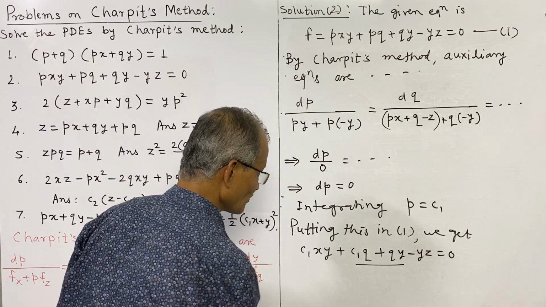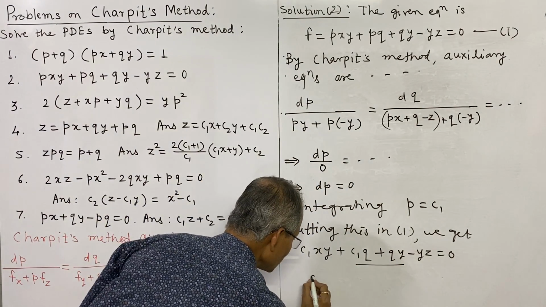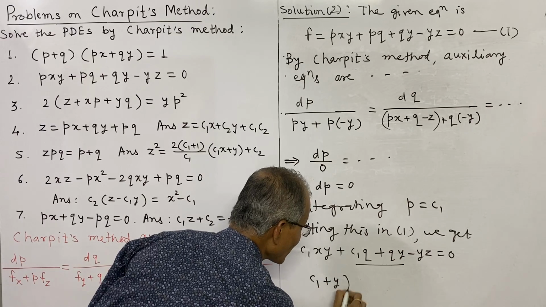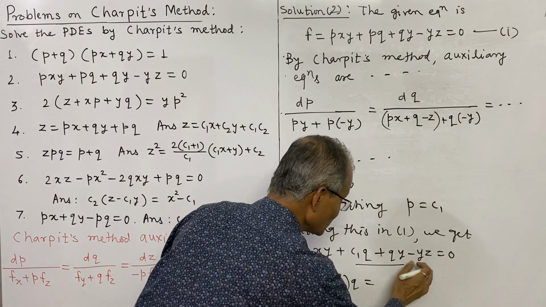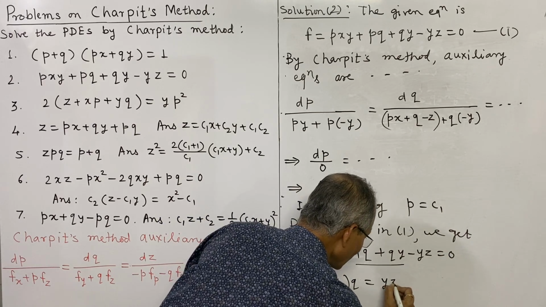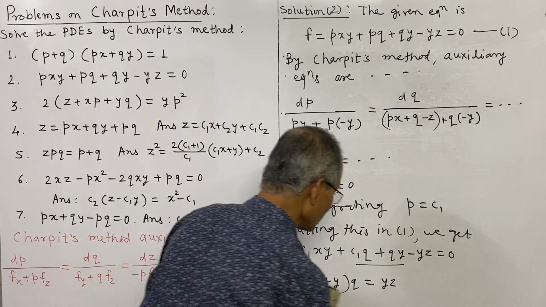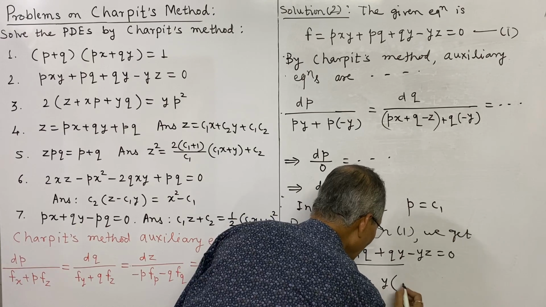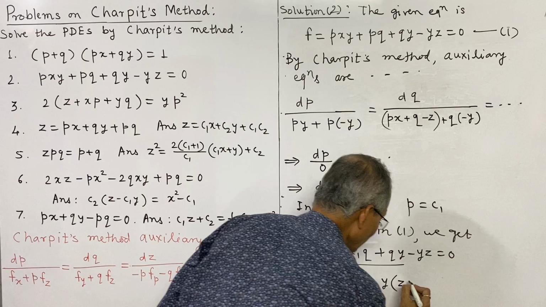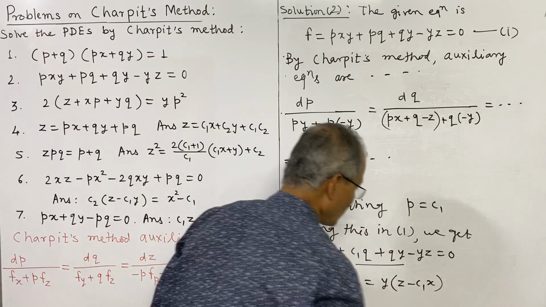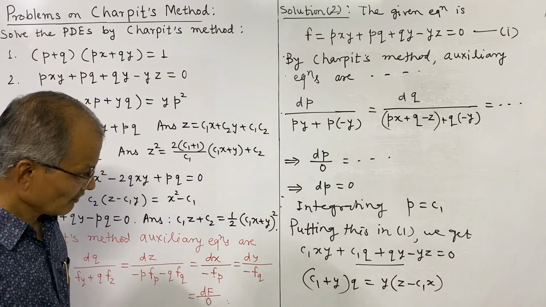So take this term common. Q is common. What remains in the bracket is c1 plus y into q. And I write the remaining terms on that side. This minus yz becomes yz. And again y is common, so y in the bracket, z remains. And this negative c1x will be there. You can verify this arithmetic part.